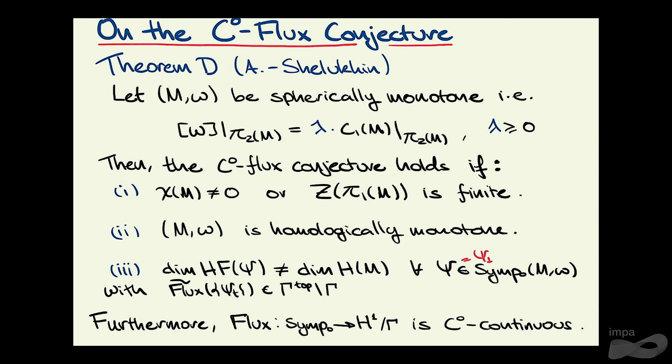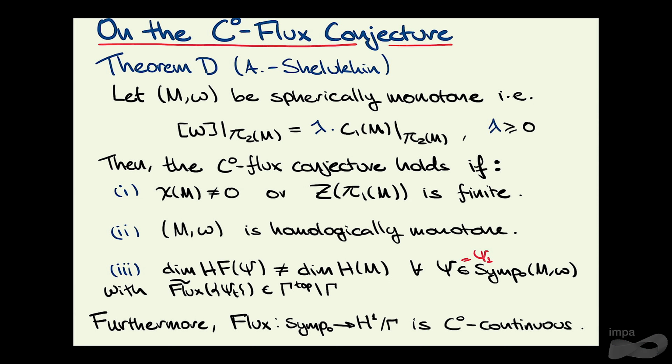And the reason why we have this condition here is that this allows us to find some examples of spherically monotone mapping tori where the C0 flux conjecture holds, but gamma top is not equal to gamma. So it wouldn't even fall in what was previously known.